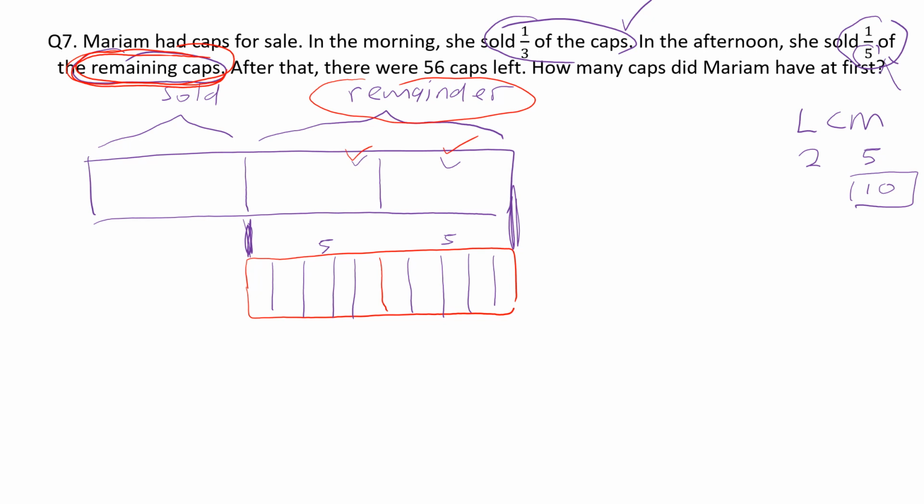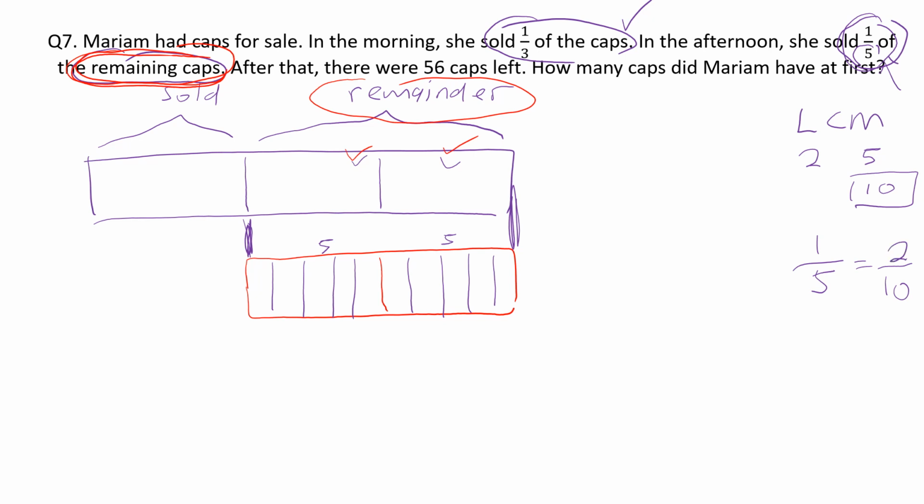Why do I say that? Because she sold 1/5. To get the equivalent fraction, right now I have 10 units. So from 1/5, what number do we get over 10? Equivalent fraction, it will be 2.